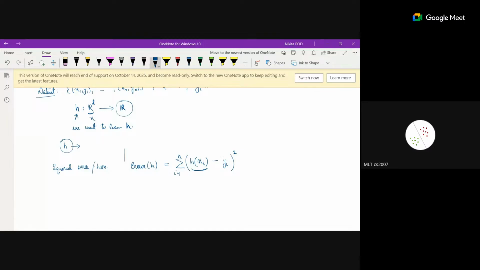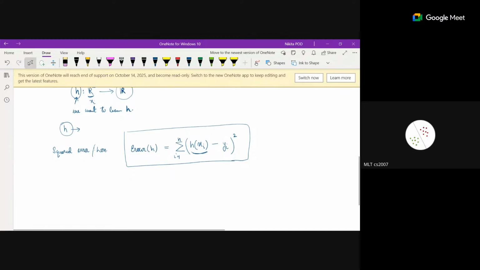So the least we can go is to make the error 0, and once we have this error to be 0, we can say the h that we have learned here is a good model for our data set, right? But the problem in most cases is that you will get the error to be 0 when h of xi exactly becomes equal to yi for every i, right?